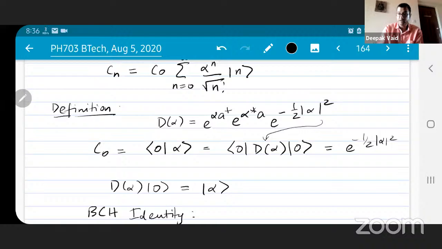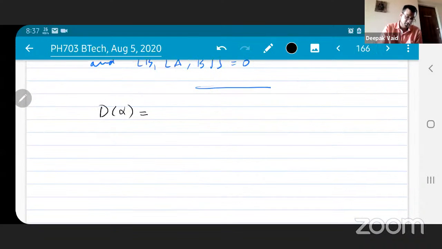The commutator of A and A dagger is 1. But because the commutator is a constant, that means if you take the higher order commutators, that means the commutator of A with the commutator of A and A dagger, you will get 0.